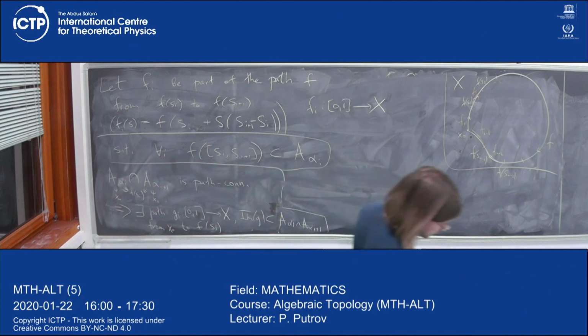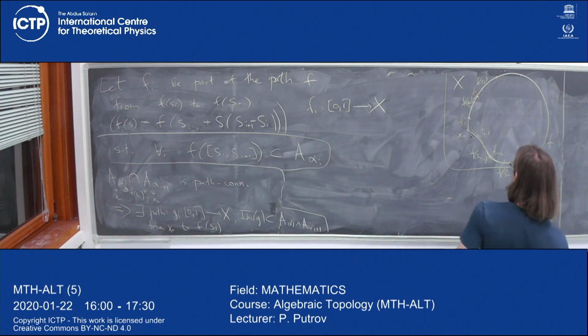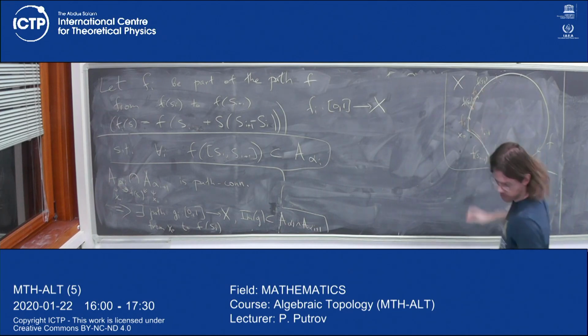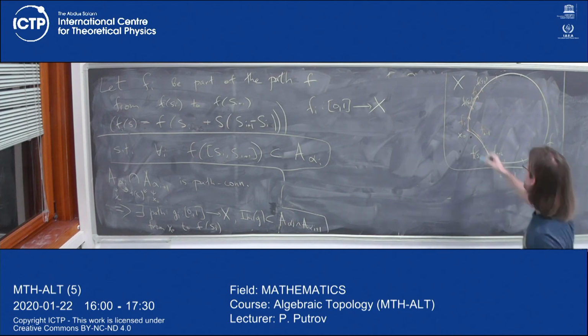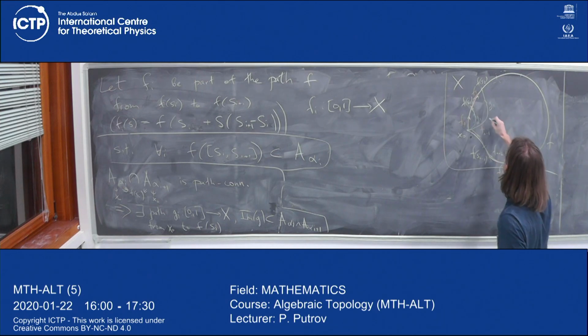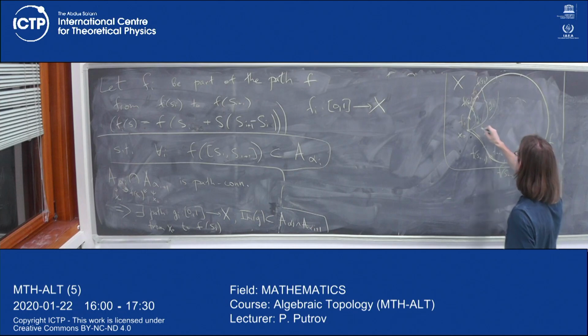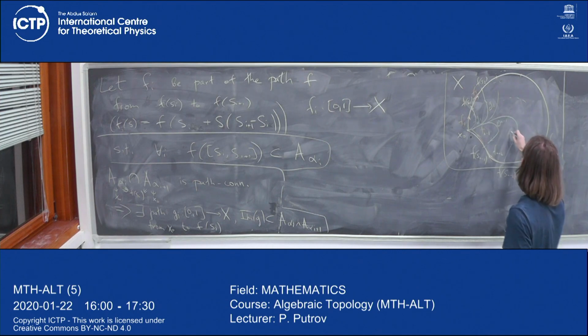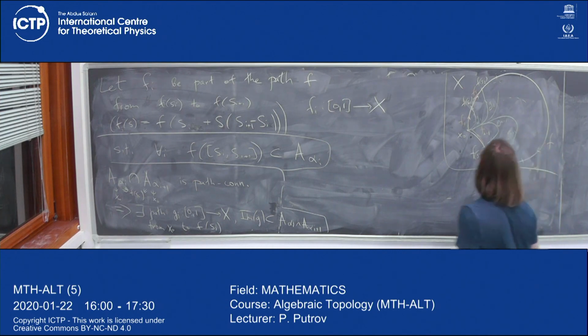Okay. And moreover, for each endpoint we chose a path. We have path G1, a path G2 like this, and so on, path Gn minus 1, Gn minus 2, and so on.